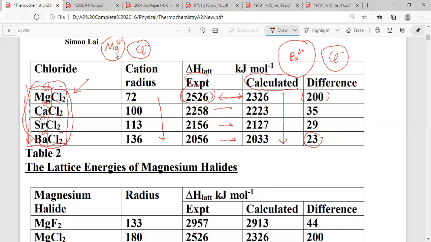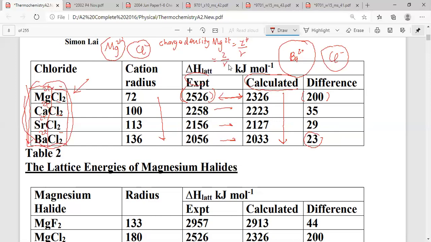Now, this fellow here, because of the charge density, or polarizing power. A better word is polarizing power. But the book also says charge density. Charge density of Mg 2 plus equals charge over the radius, which equals 2 over the radius.